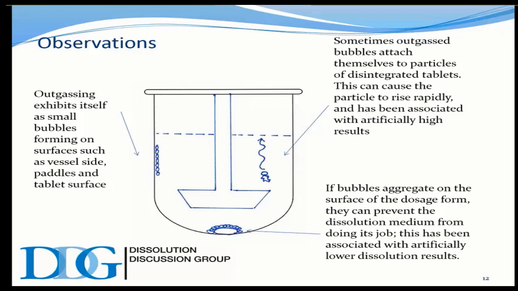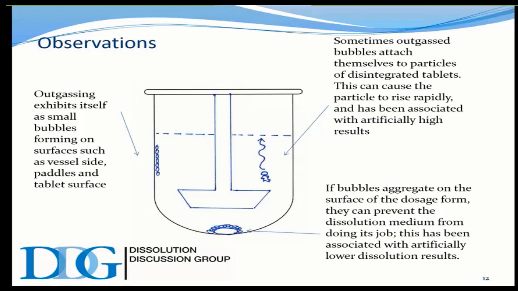I mentioned outgassing. This is when air coming out of solution is now attaching to a particle and raising it to the surface. This can cause quite a bit of variability in test results. And then, of course, there's bubbles aggregating on the surface of a dosage form. In a way, the dose, a tablet, is a little bit of a nucleation site, and this can generate bubbles just right there from its surface.